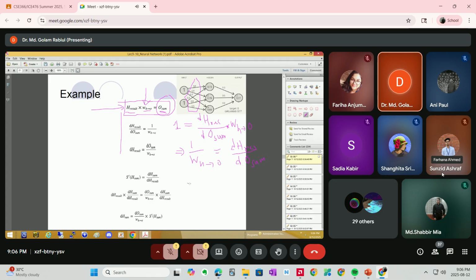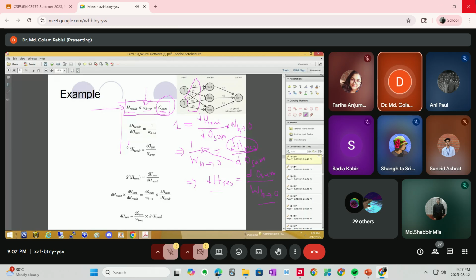And from here we can write that delta hidden results equal delta output sum by WHO.